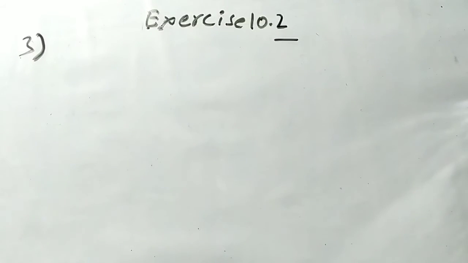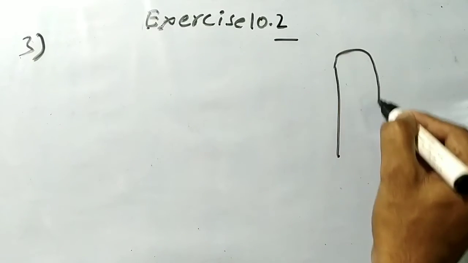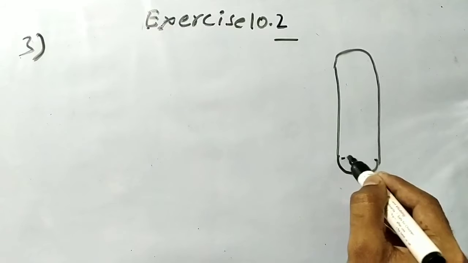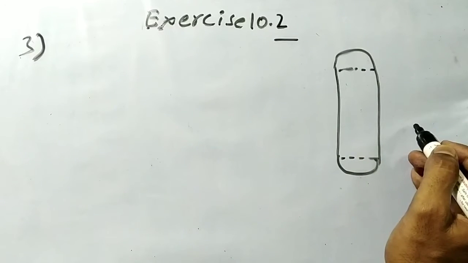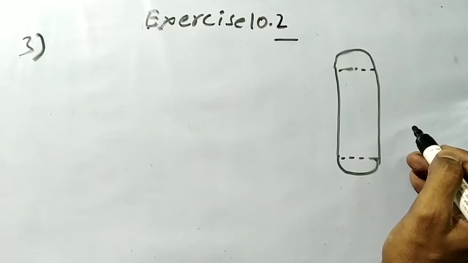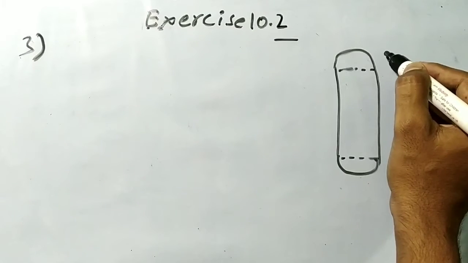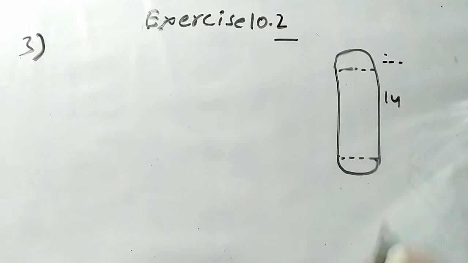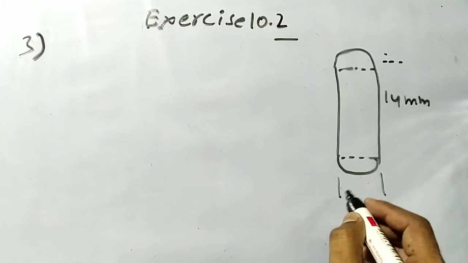So here I will draw a diagram. These are the hemispheres. This is a hemisphere, and they have given the length of the capsule as 14 mm in total. And the width is given, that is 5 mm.